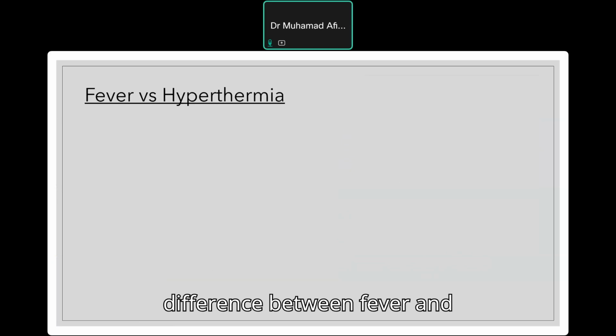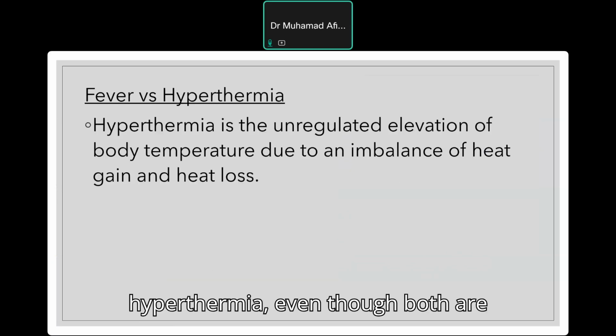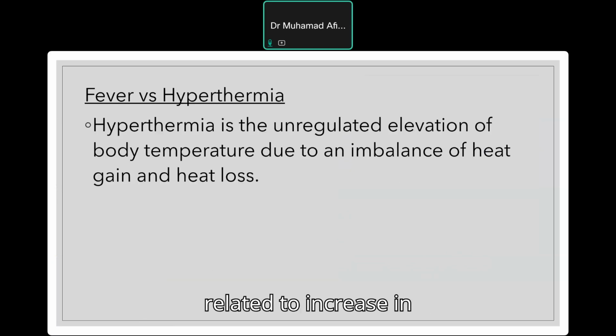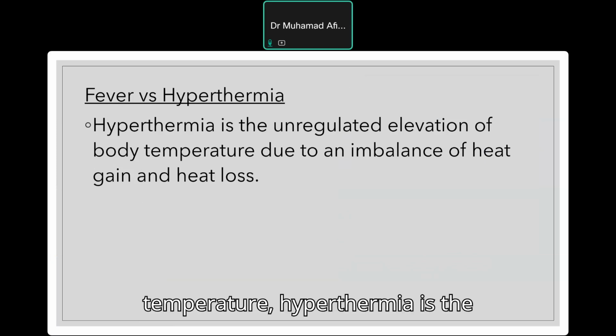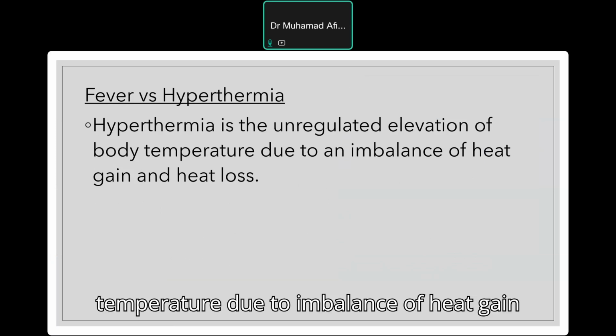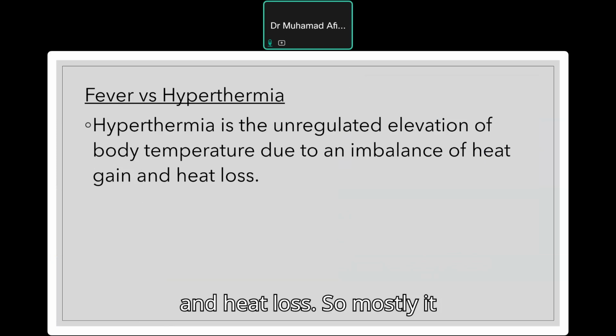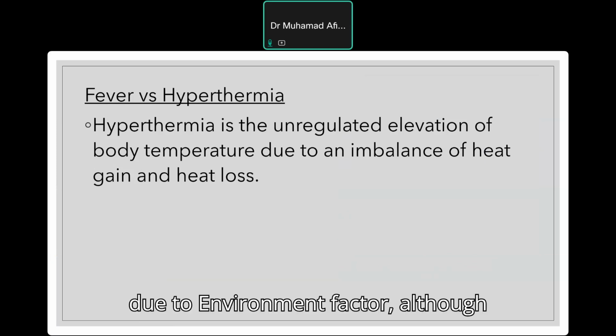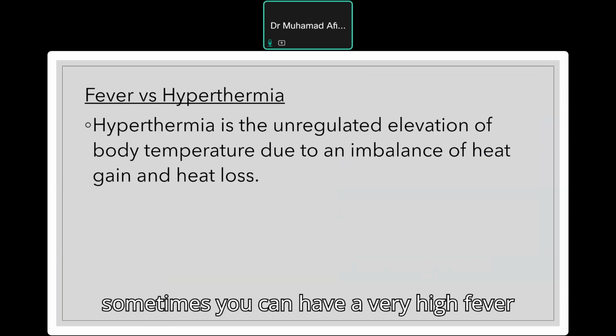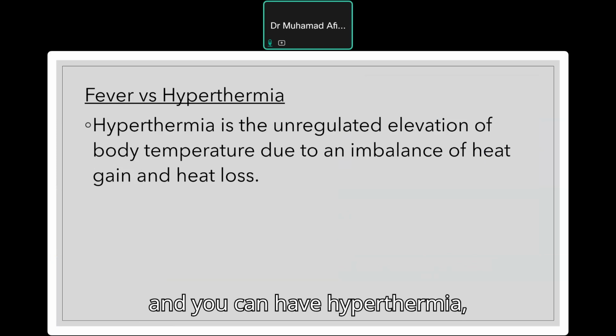So the difference between fever and hyperthermia, even though both are related to increase in temperature: hyperthermia is the unregulated elevation of body temperature due to imbalance of heat gain and heat loss. Mostly it is due to environmental factors. Although sometimes you can have very high fever, then you can have hyperthermia.